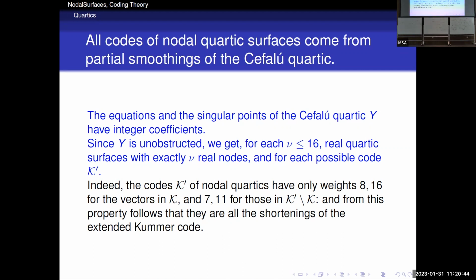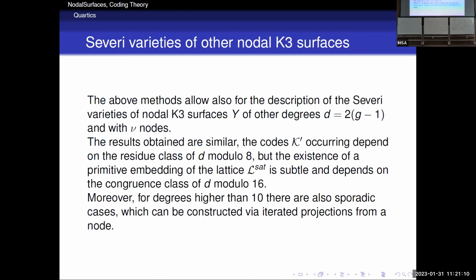And here I briefly mention what is used. The codes K prime have only the weights 8, 16, and 7. In this case, there are only 4 types of weights. And this allows, with some work, to show that these are all the shortenings of the extended Hamming code. And this proves the result for quartics.